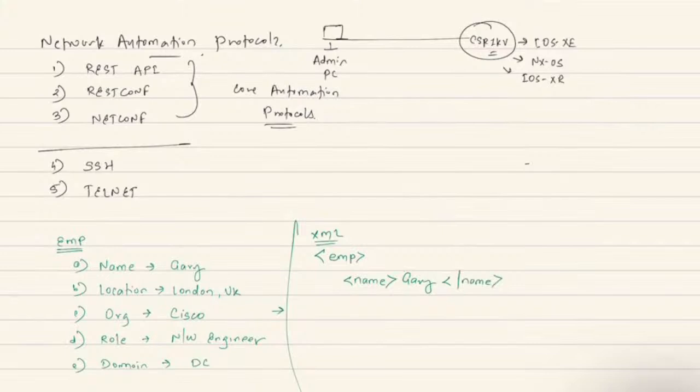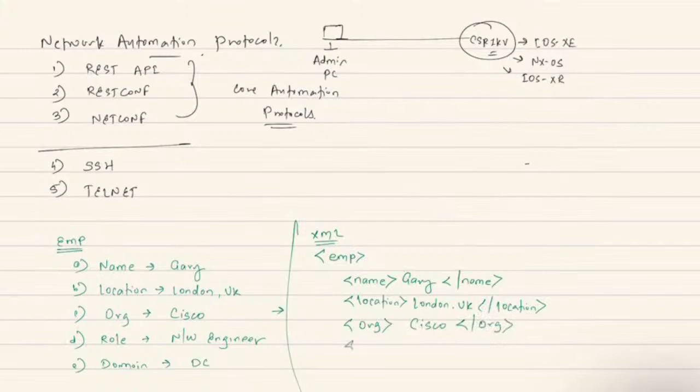So we use a name tag. Then we use another tag for location, and location is filled in as London, UK, and then we close location. After that, we create another tag for organization, fill in the information as CISCO, and close organization.